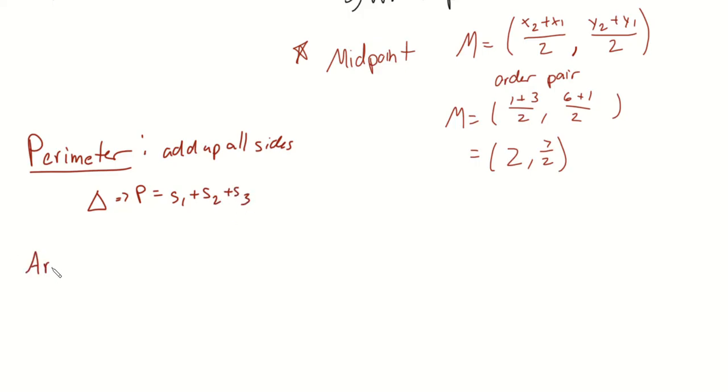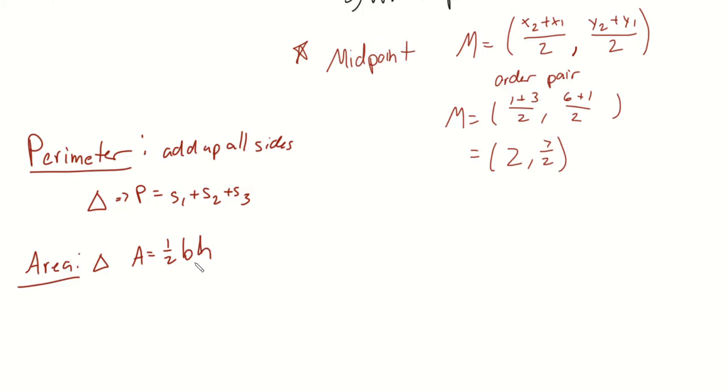Okay, area. What is the formula for the area of a triangle? You all almost found it. Ashley, what was your group? You guys found it. 1/2 base times height.